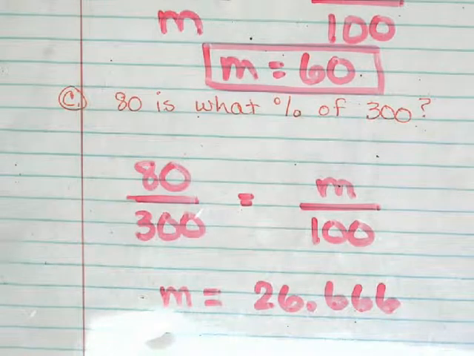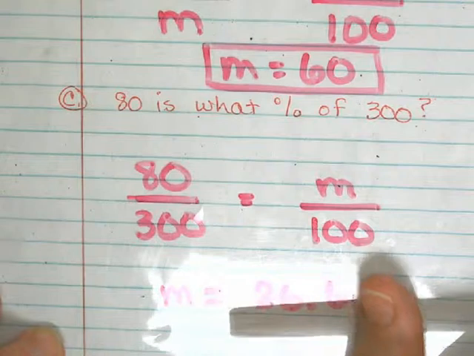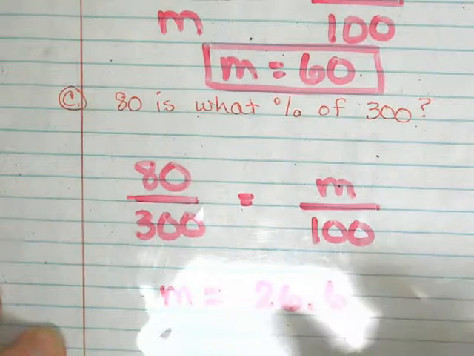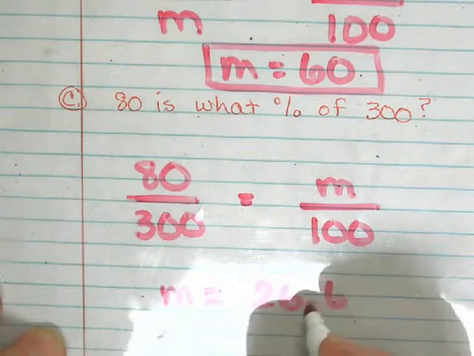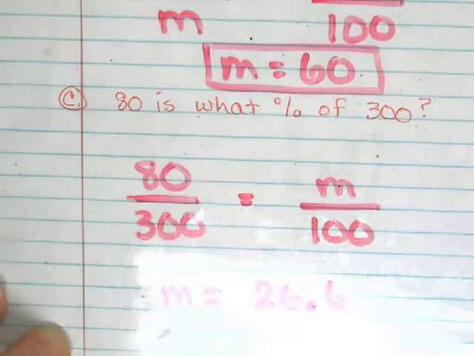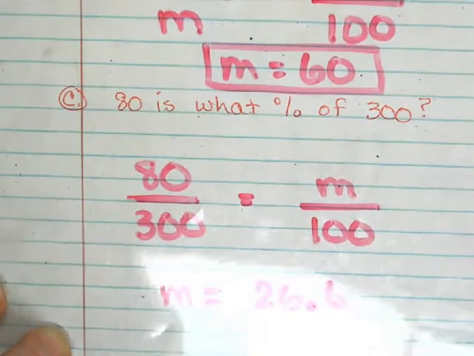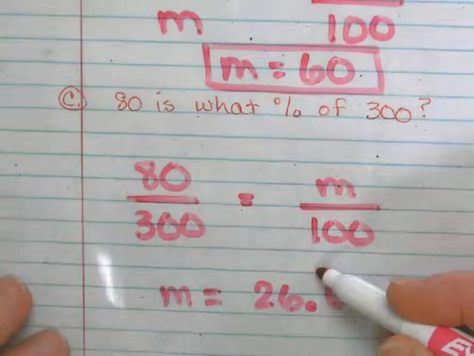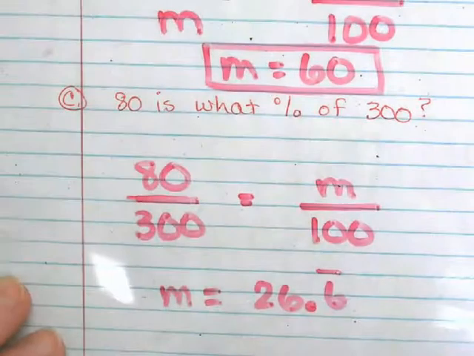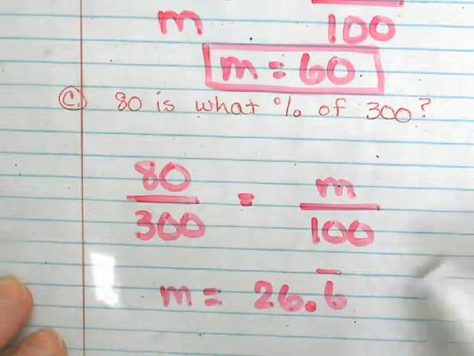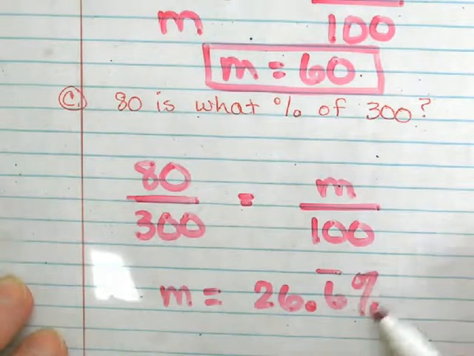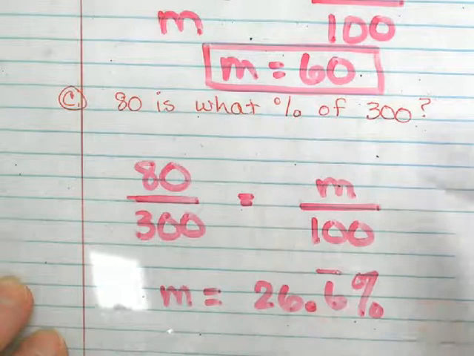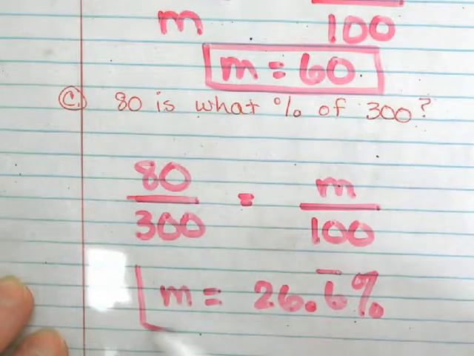All you do is write that 6 right behind the decimal point, and then put a line over it, and that means it repeats. And so this gets a percent sign because it is what percent? This is pretty easy.